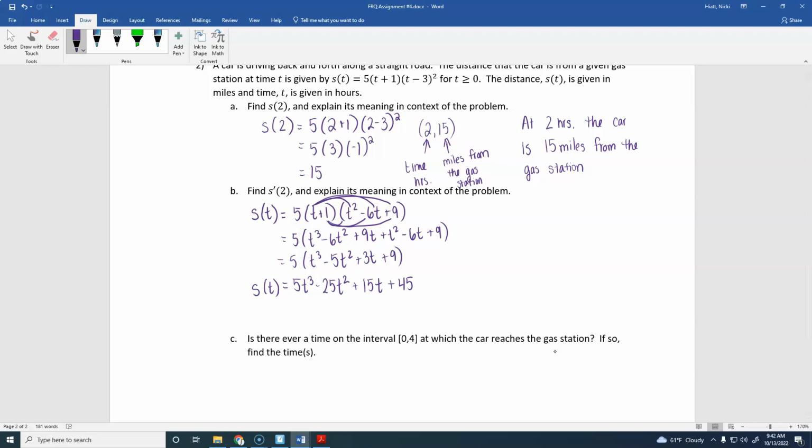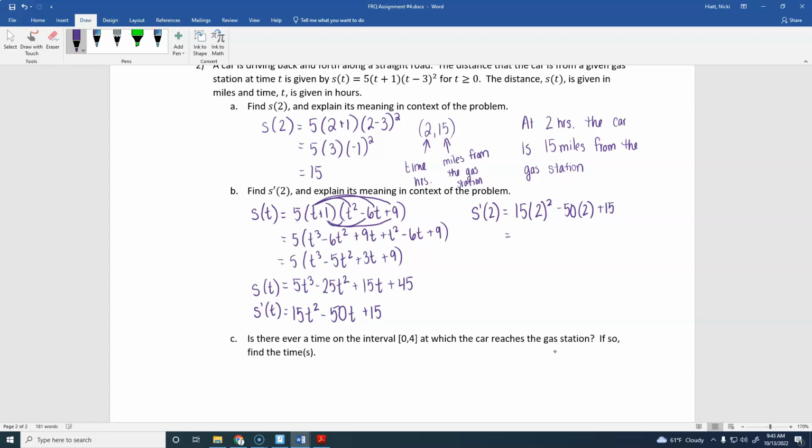Then to take the derivative, we would get 15t squared minus 50t plus 15. And we need to plug in 2. So S prime of 2 would be 15 times 2 squared minus 50 times 2 plus 15.